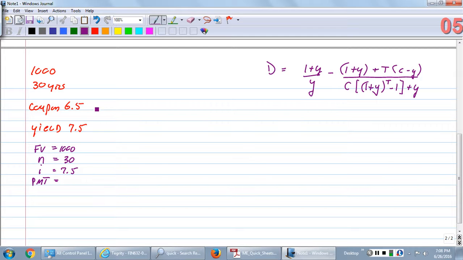The coupon rate is 6.5%, so remember that means the bond is paying 6.5% interest per year. So that's going to be $65. So let me plug that in to my calculator. And oops, 65 is payment. Solve for PV. And I get $881.90.